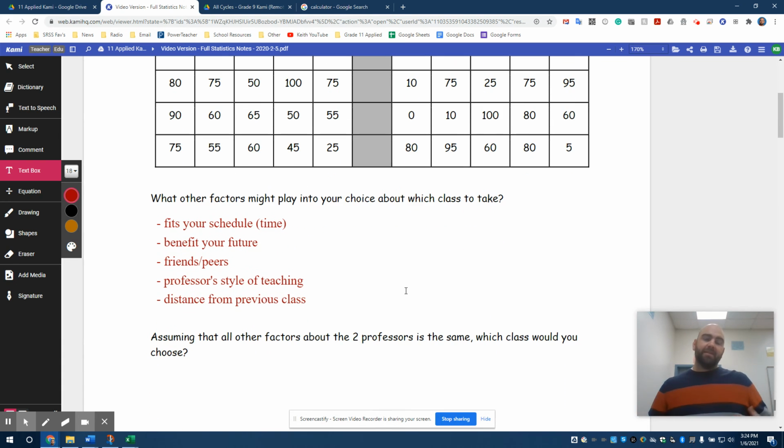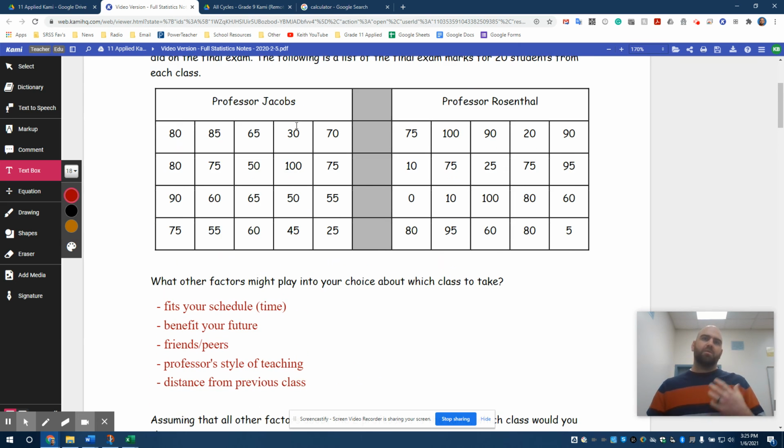So let's imagine that all five of these things kind of match, all of them work, and you're okay with them. And you are taking a look at which class you want to be in. Do you want to be with Professor Jacobs or Professor Rosenthal? Both are good options. Looking at their final marks, which one would you choose?